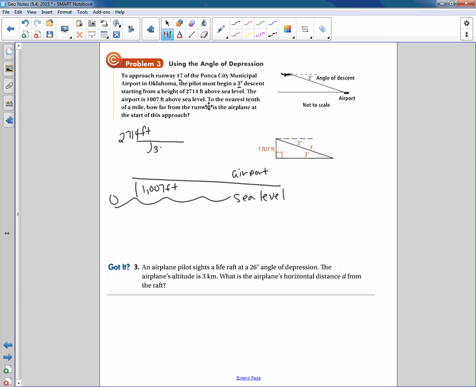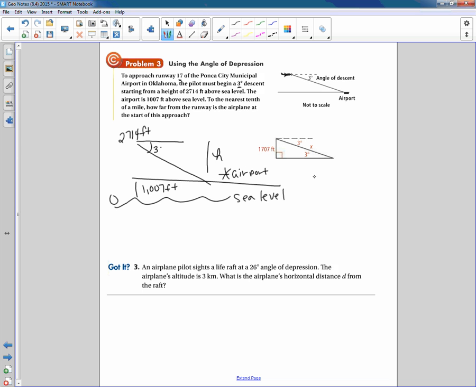Okay. To the nearest tenth of a mile, how far from the runway is the airport at the start of its approach? Okay, so here's the airport here. We're going to descend, right, 3% to the airport, and we need to know what this height here is. Okay, what are we looking for here?